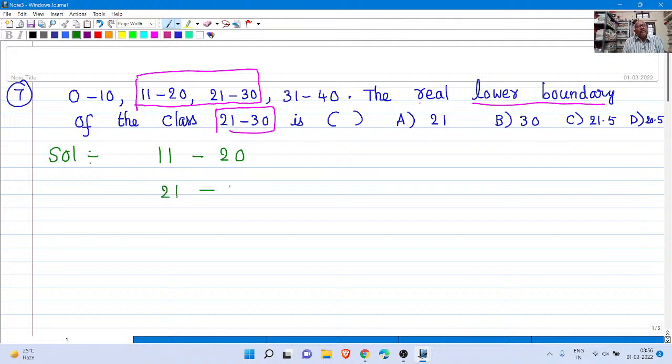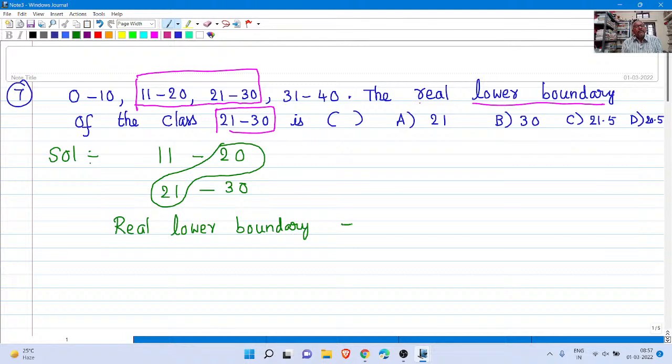Next, to find the real lower boundary of 21 to 30, you need to take the average or mean of 20 and 21. So the lower boundary equals 20 plus 21 upon 2, which is 41 upon 2.